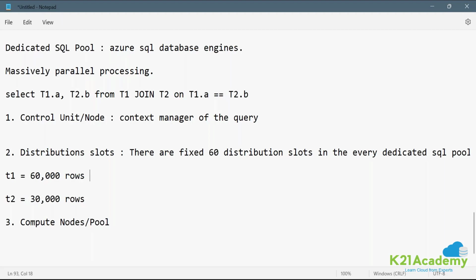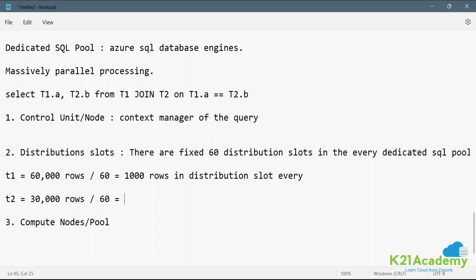So they will be divided into 60 equal parts. If you divide 60,000 by 60, you get 1000 rows in every distribution slot.